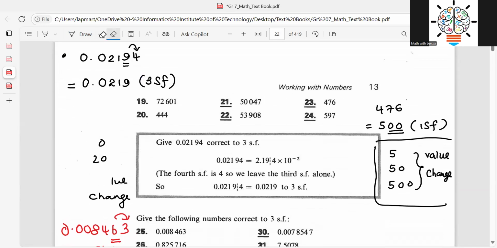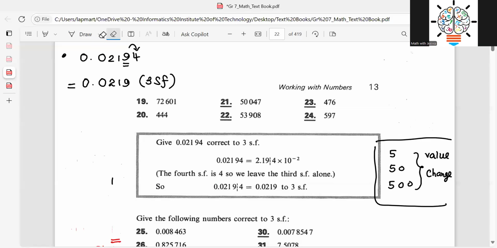Look at this here. Now you just see, children, the next box example, they have given 0.02194. What is the third significant figure here, by the way? The 9 is the third significant figure. And I look at the next number, which is less than 5.